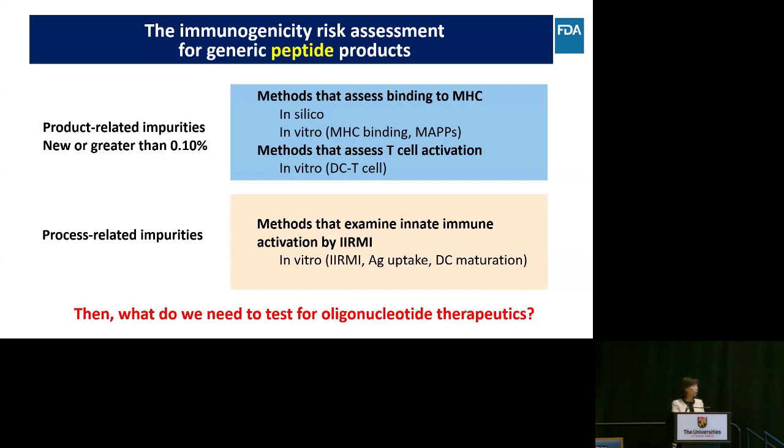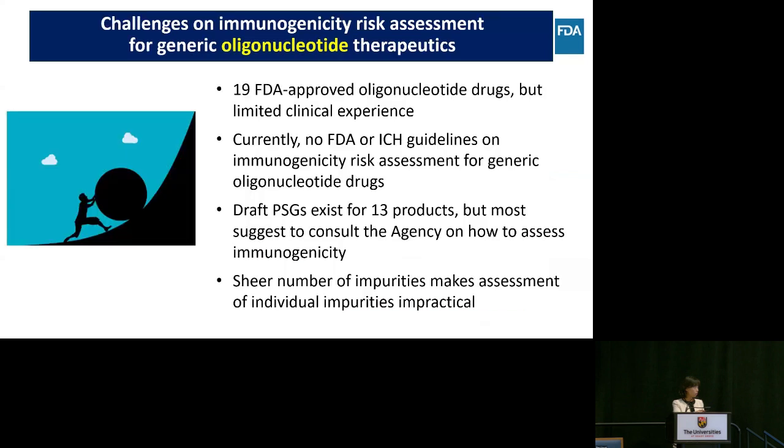Then what do we need to test for generic oligonucleotide therapeutics? There are some challenges to answer that question because, so far, there are 19 FDA-approved oligonucleotide drugs, but they are relatively new and they are targeting very rare diseases.